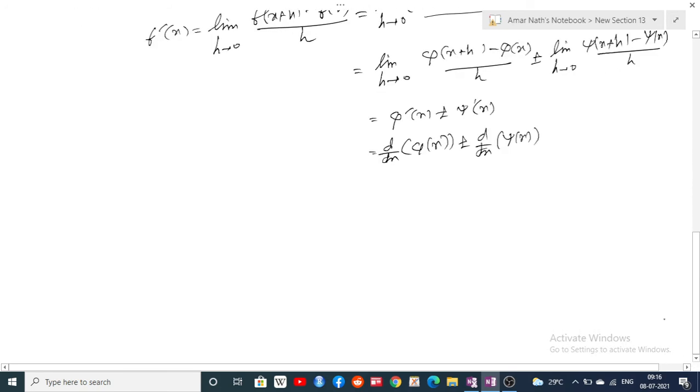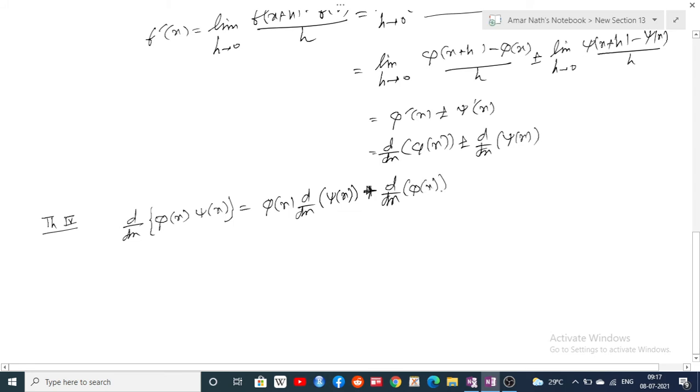Now if we take the product of two functions and its derivative, we get theorem 4. What is theorem 4? d/dx of phi(x) into psi(x) equals phi(x) d/dx of psi(x) plus d/dx of phi(x) into psi(x). Now I have to prove this.